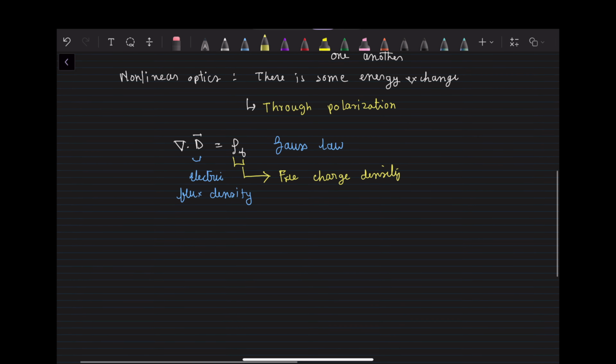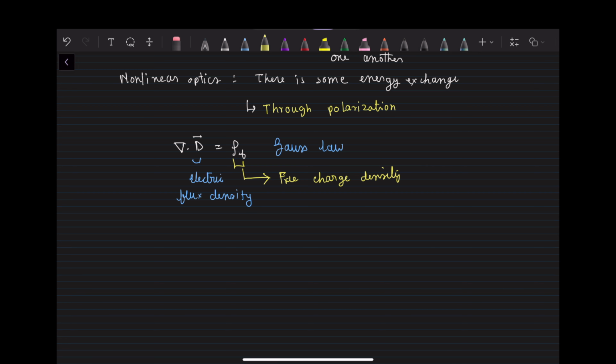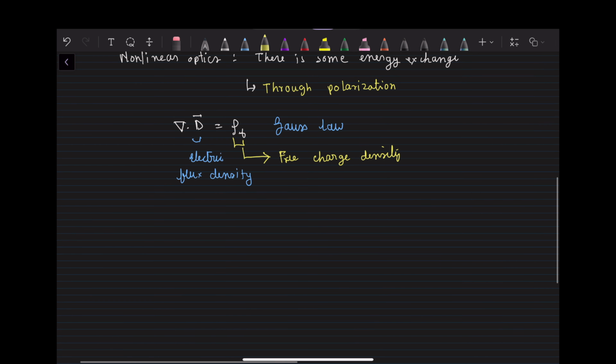And the second one, very important, we have the Maxwell-Faraday equation, very famous.